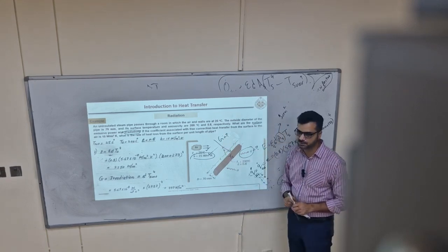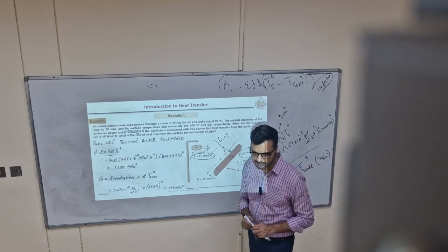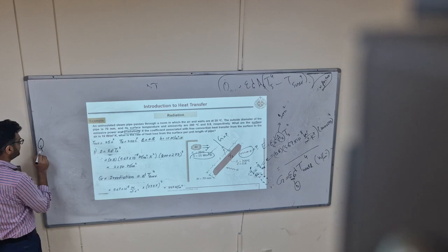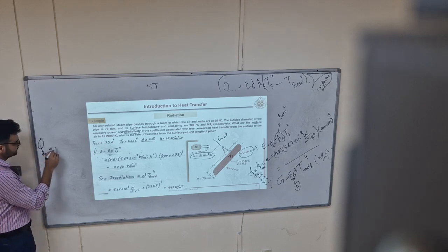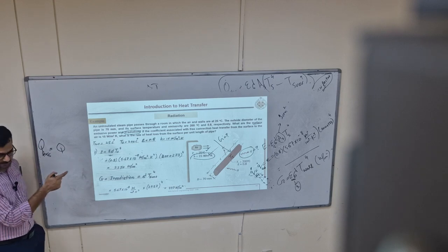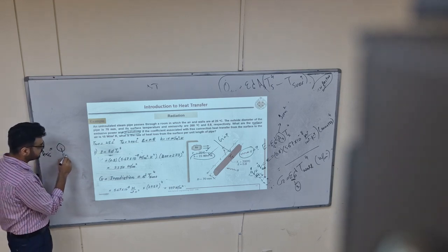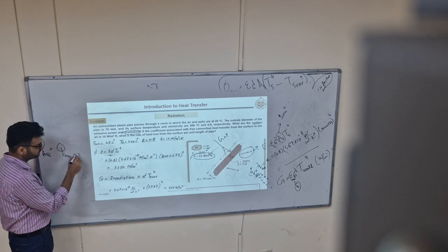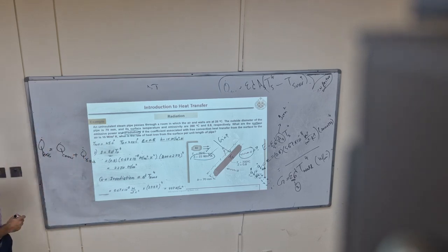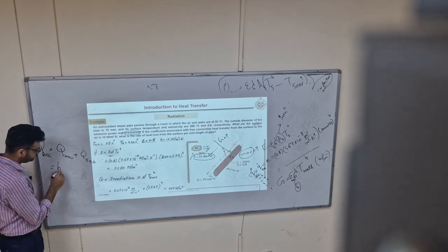The second part is to calculate the heat loss from a unit length of the pipe. So how much is the heat loss? There are two modes of heat transfer from the surfaces: convection and radiation.